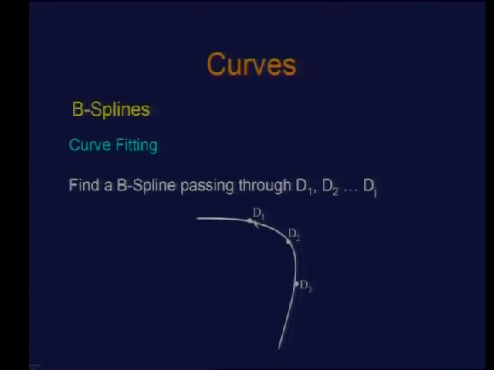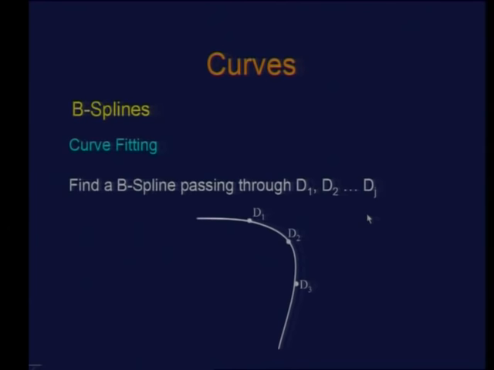So, now the question is, let us say I want to obtain B splines passing through data points, right. So, what are we addressing? We are trying to address the problem of curve fitting. I have these points D1, D2, D3 and so on to Dj.